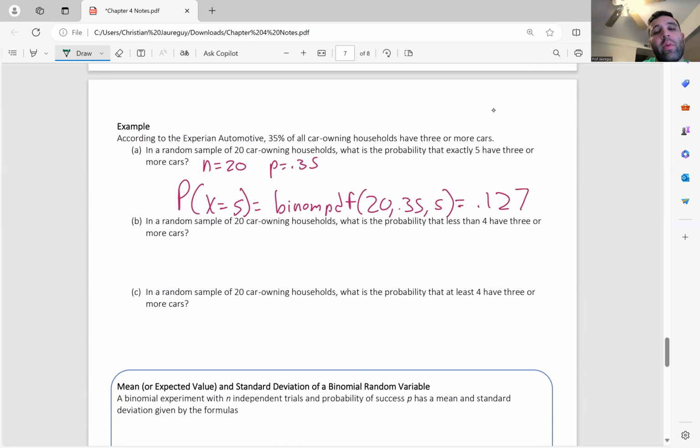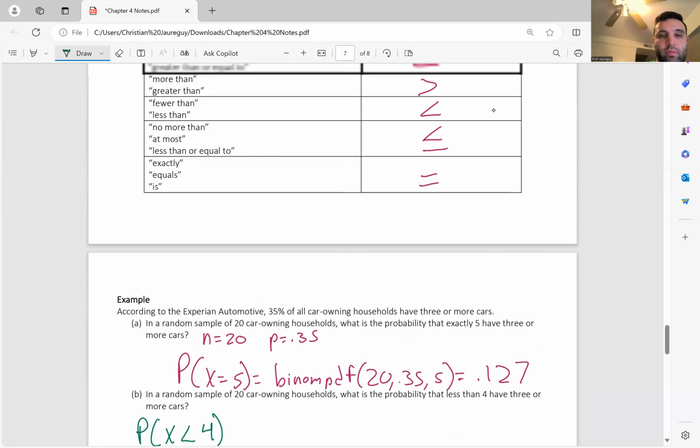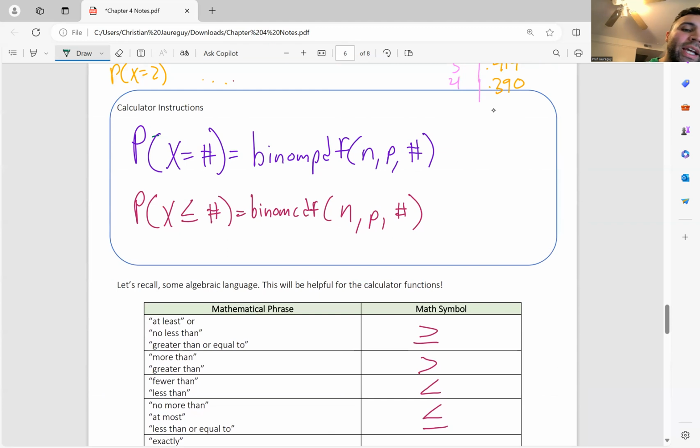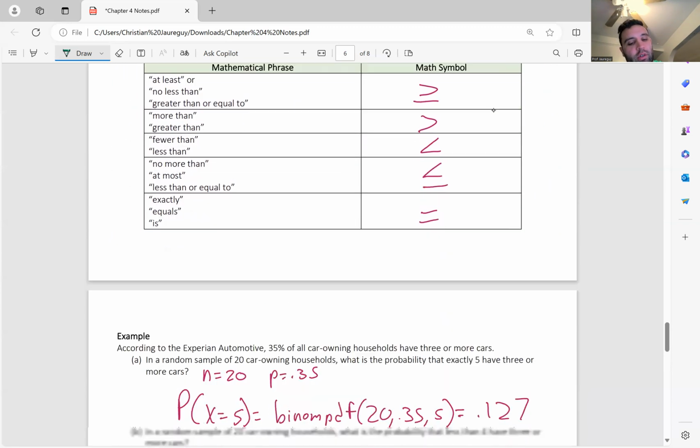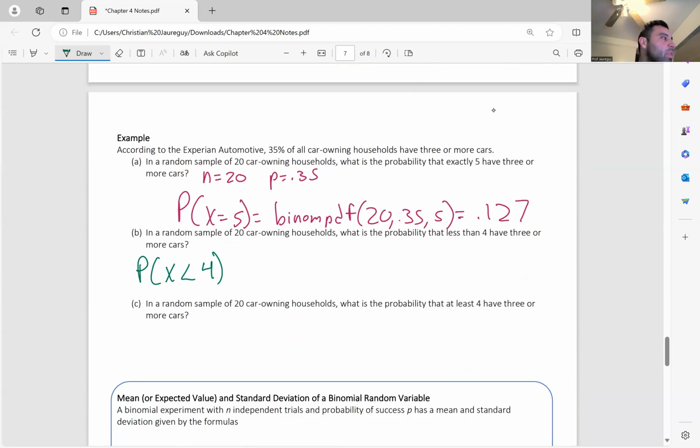In a random sample of 20 car-owning households, what's the probability that less than 4 have 3 or more cars? So I want to know probability X is less than 4. But again, our calculator cannot tell us this. Look at what our calculator can do. Less than or equal to only. But since we're in discrete, what's the same thing as less than 4?